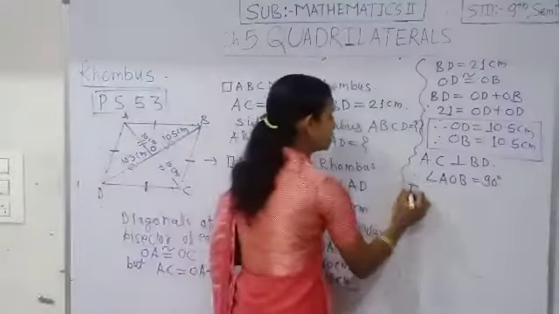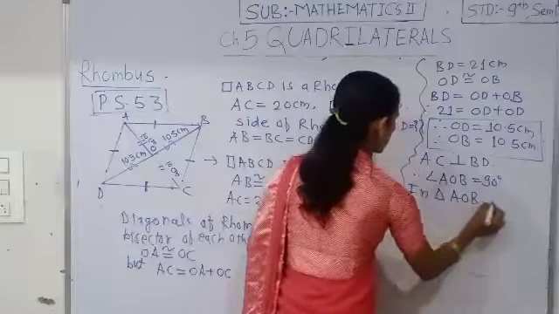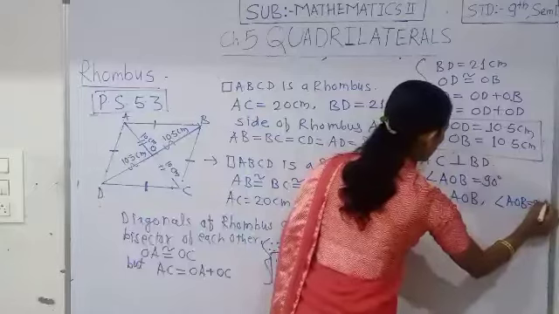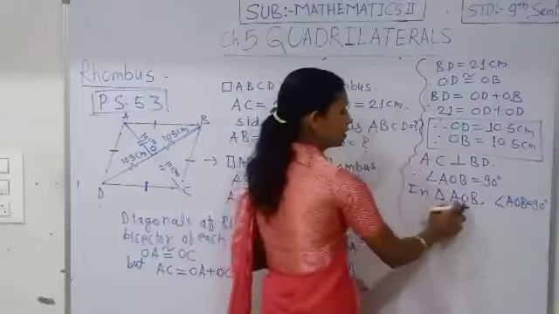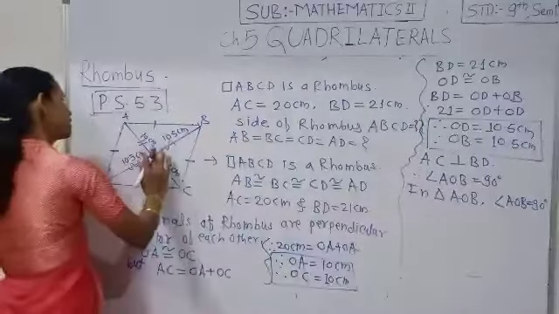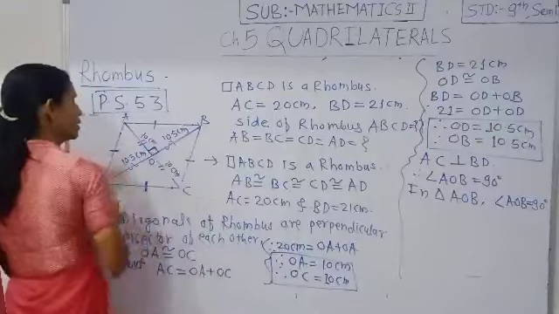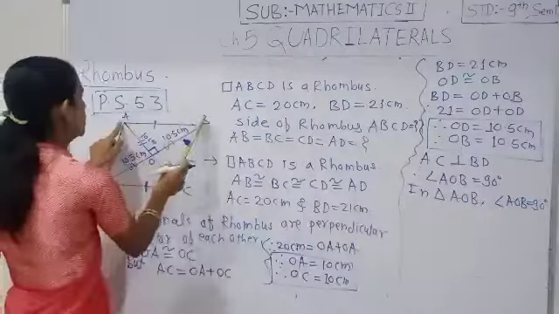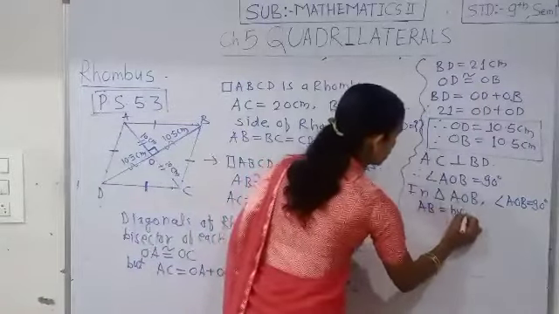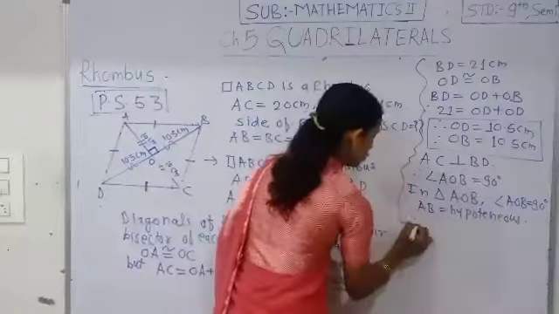Then see here, focus on any one of the triangles, here triangle AOB. In triangle AOB, angle AOB is 90 degree. Therefore triangle AOB is a right angle triangle, and AB is the hypotenuse.